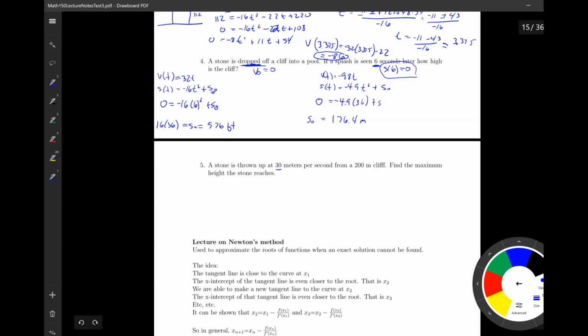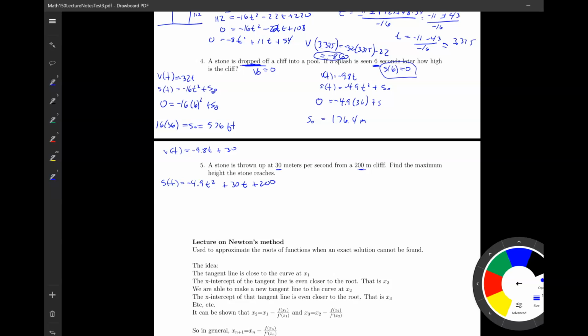So I'm throwing up a stone at 30 meters per second from a 200-meter cliff. Okay, so I know that the position function, well, let's start with the velocity. So velocity would be, since I'm talking meters, negative 9.8t plus 30, right, because it's being thrown up. And if I want to find the position function, taking the antiderivative, plus the 200.